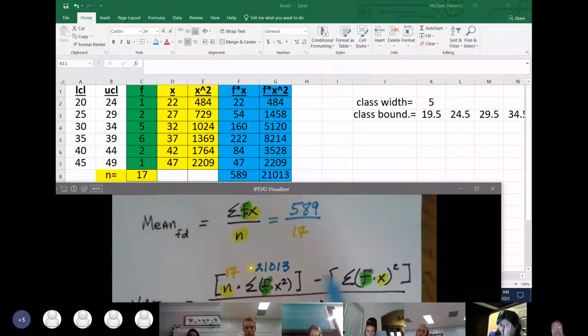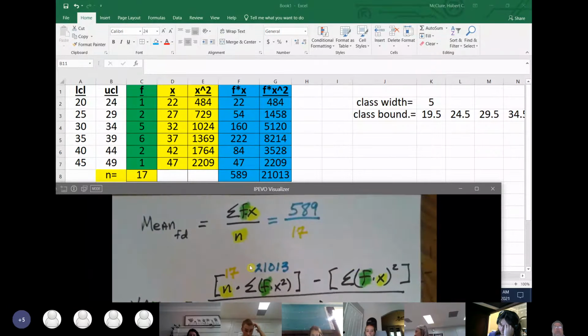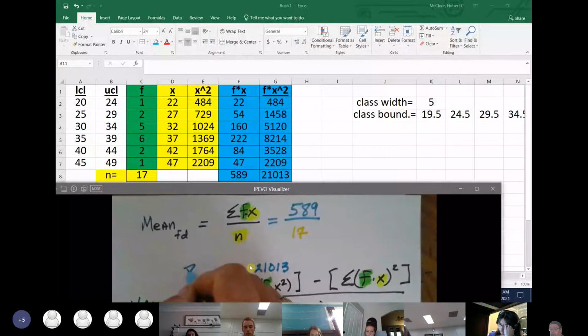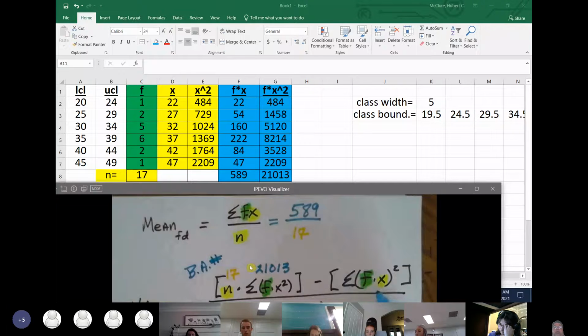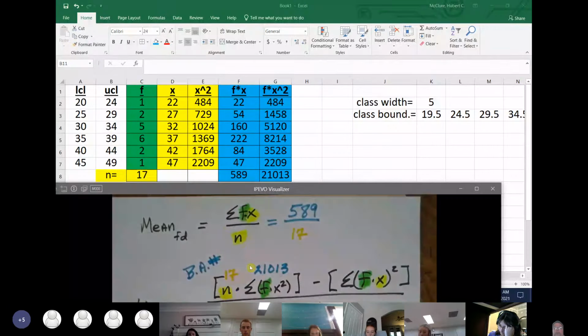Because you're subtracting this number and you can't take the square root of a what? A negative. So this number right here has to be bigger so this one will not make it negative. If you come out with this number being bigger than this number, you know you've done something wrong.